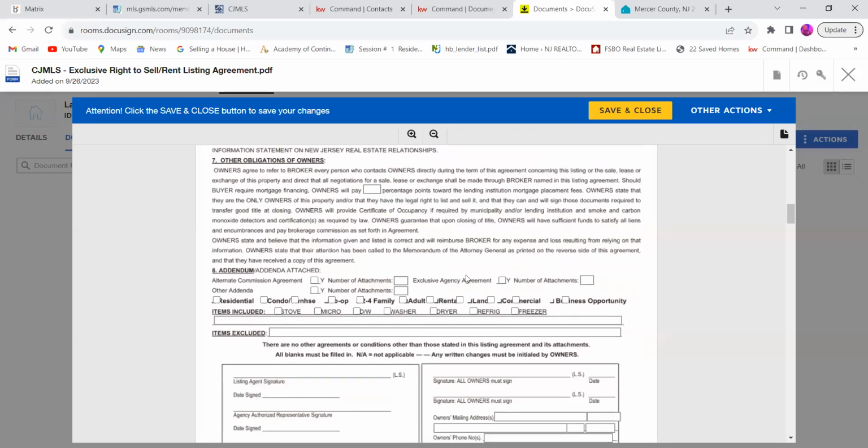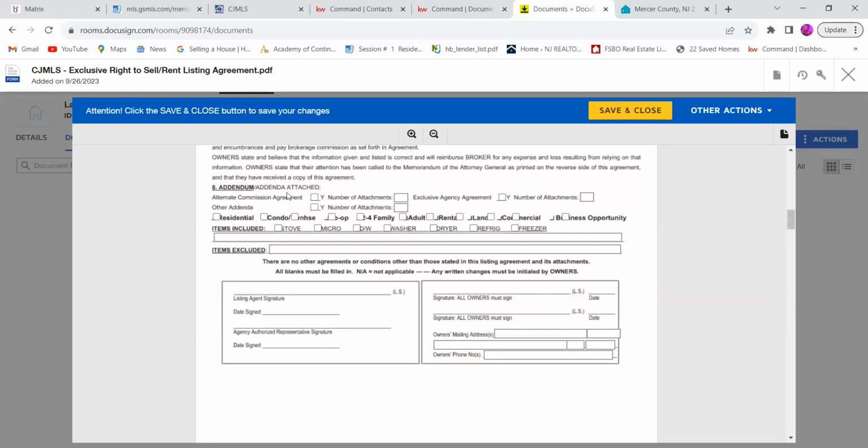Now, these are talking about the owner paying percentage points toward the lending institution mortgage placement fees. No, they are not. Most owners will not pay any percentage points towards any buyer's mortgage ever, unless it's in the seller's best interest, and most of the time it's not. So we don't have to worry about that part.